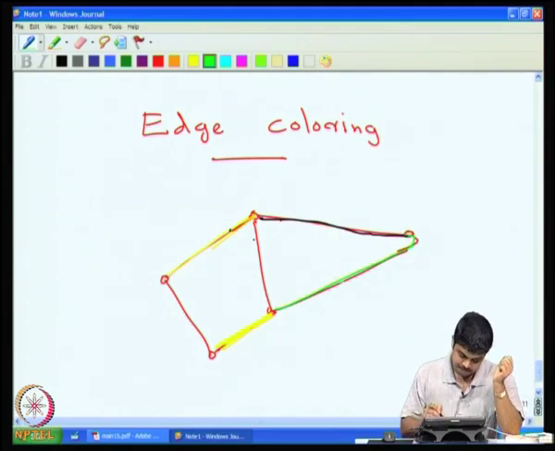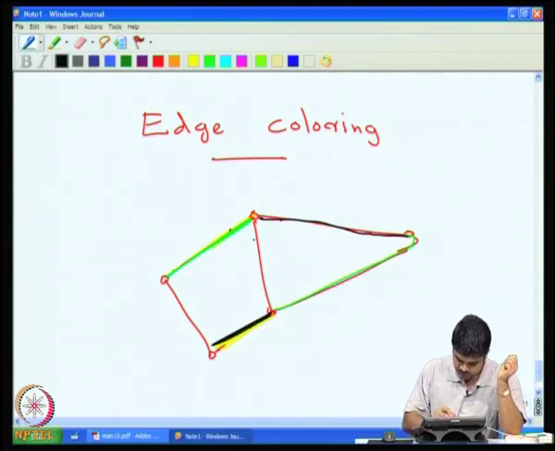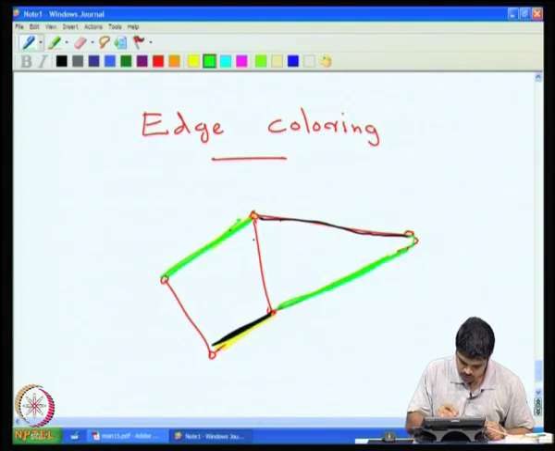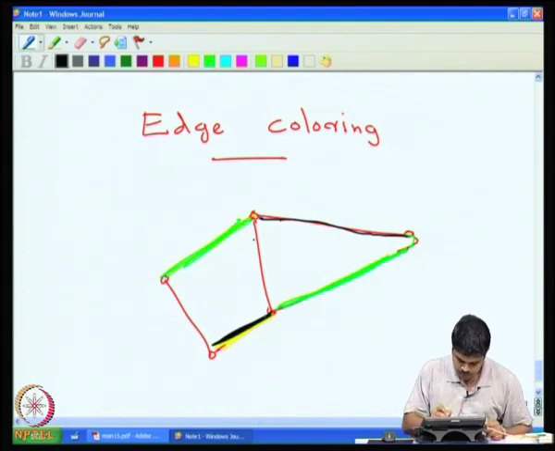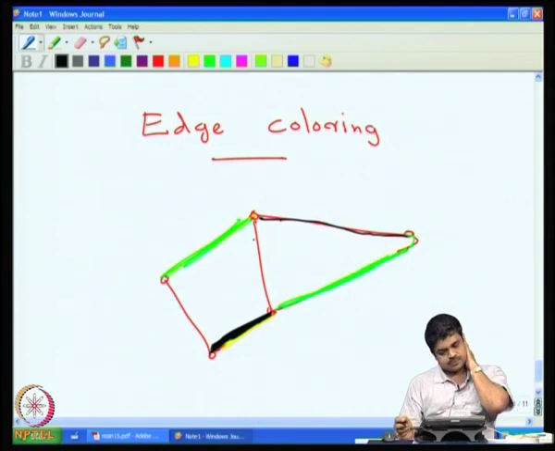So, if I want to reduce the number of colors, what I should do is I should use green color for this thing, I should use black color for this thing. So, then I end up coloring, right, this way. This is what green color and black color will do.